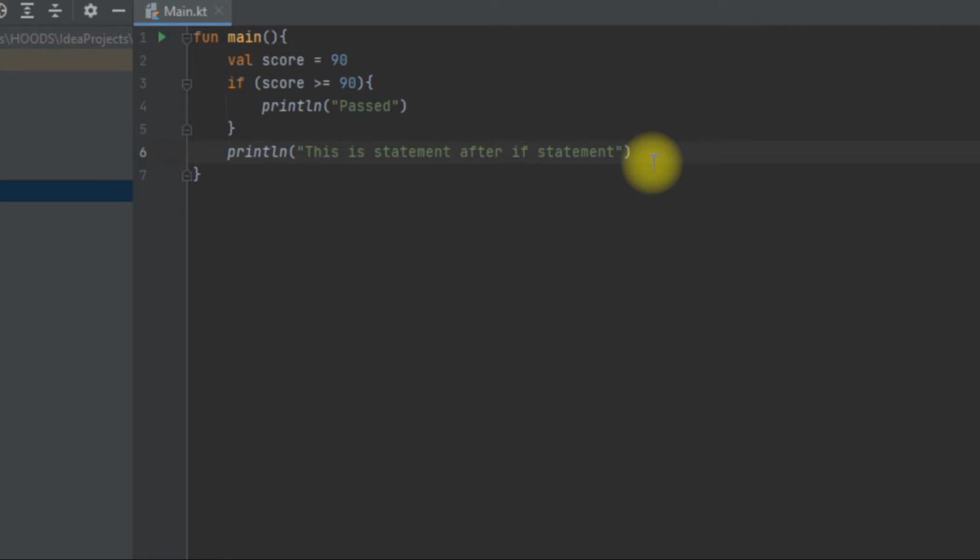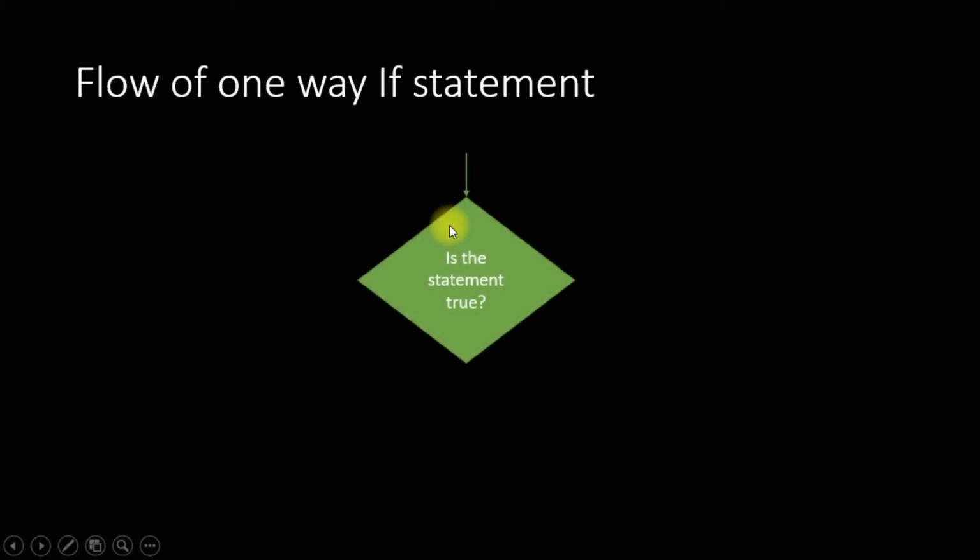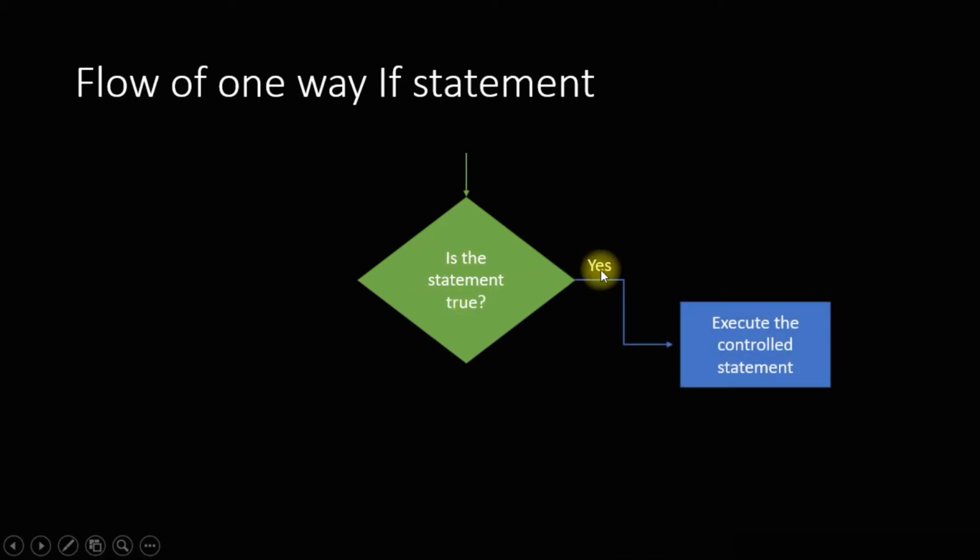So before we execute our code, let's go and see how this flow is going to execute the code. So now let's see the flow of the one-way if statement, which we have declared just a moment ago. We can say here, is the statement true? So we're going to check if the statement is true. And if yes, this statement is true, we execute the controlled statement inside the if statement block.